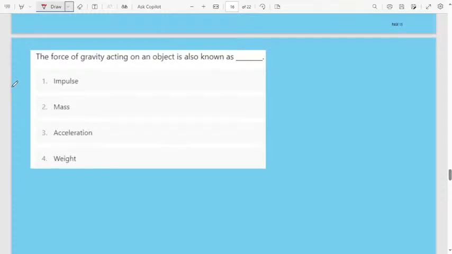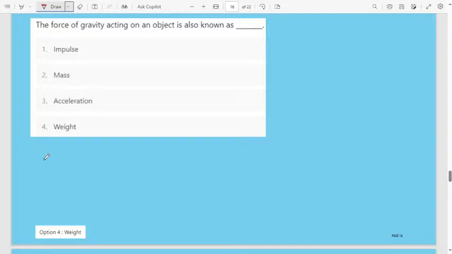The force of gravity acting on an object is known as: first option, impulse; second, mass; third, acceleration; fourth, weight. The correct one is weight. The force of gravity acting on an object is also known as weight. Students and even teachers often get confused between mass and weight.